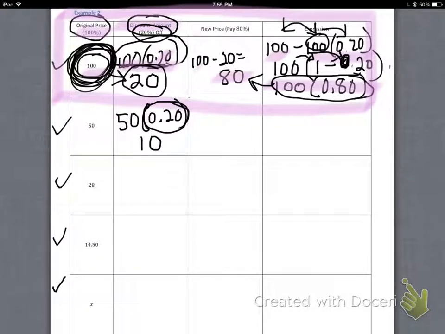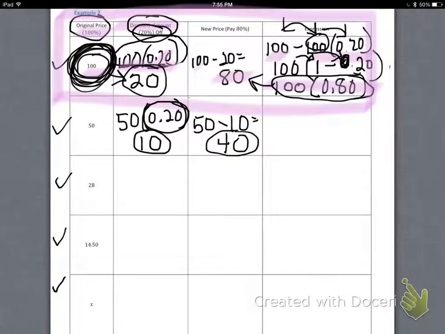So here we go. Here we have our discount. Our discount is 10. To find out our new price, of course, we take the original price, subtract away that discount, and then you're left with your new price, which is $40 here.